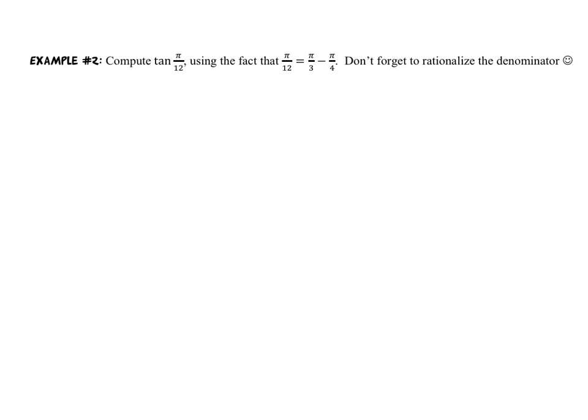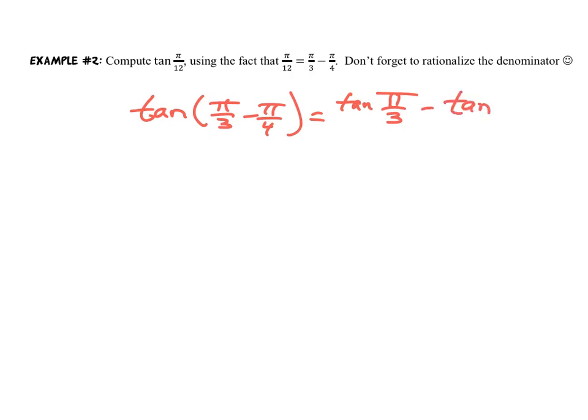So here we go. Tan of pi over 3 minus pi over 4, by our formula that can be just sitting right next to you, is equal to tan pi over 3 minus tan pi over 4 divided by 1 plus tangent pi over 3 times tangent pi over 4.